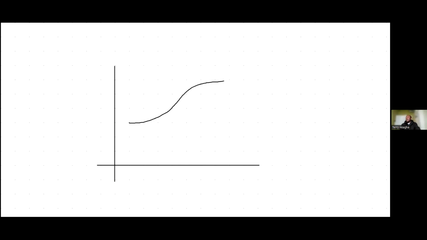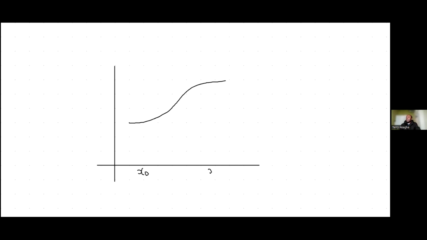I want to find the area between, let's say, this point here, let's call this x0, and this point here, xn.